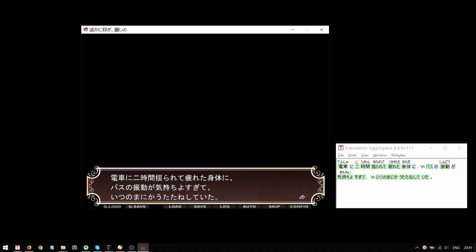And when you see this te form, something something te, and then tsukareta karada, because it's a te form, you might think of this as two different sentence phrases, but actually, this whole part, 電車に2時間揺られて疲れた体, this whole part in front is modifying 体.